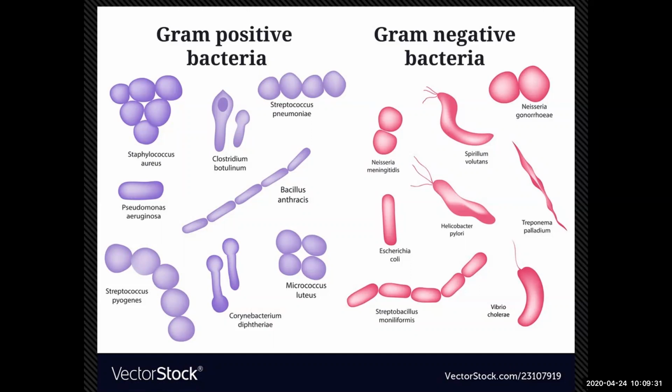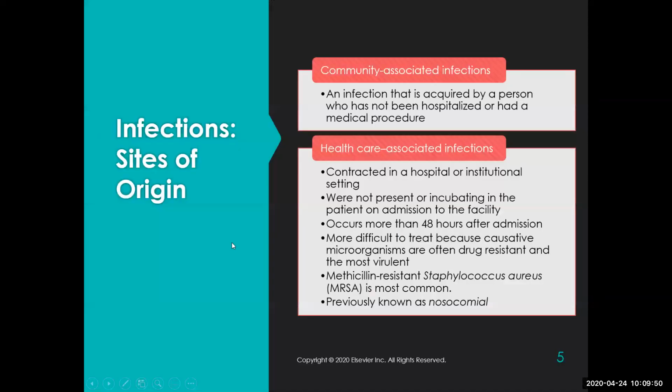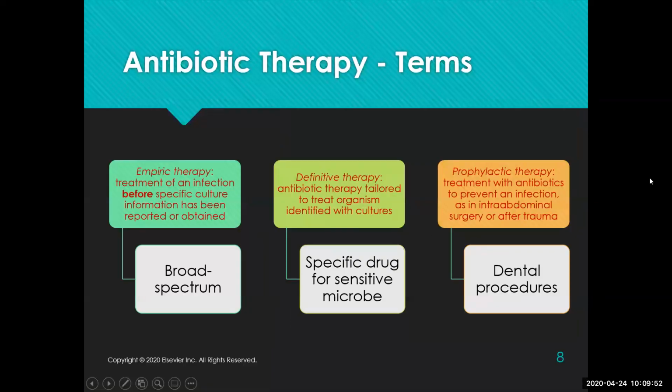And if you think back to microbiology, it takes days to grow these cultures. We may not know for 48 to 72 hours what type of bacteria is causing this infection. So early on, a broad spectrum antibiotic would be used empirically to at least begin the process of fighting the infectious process.